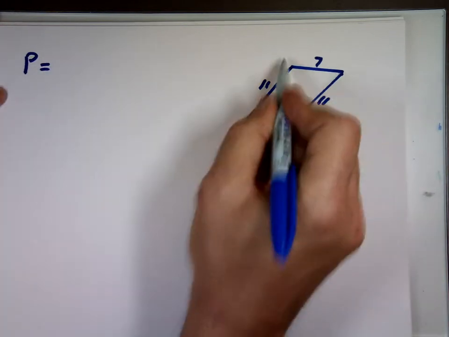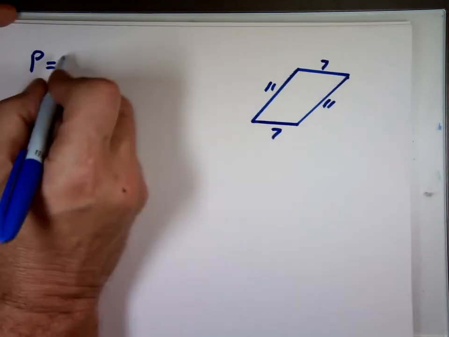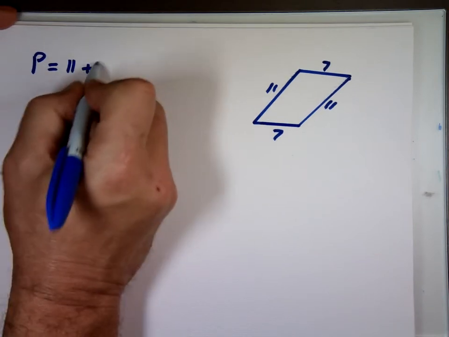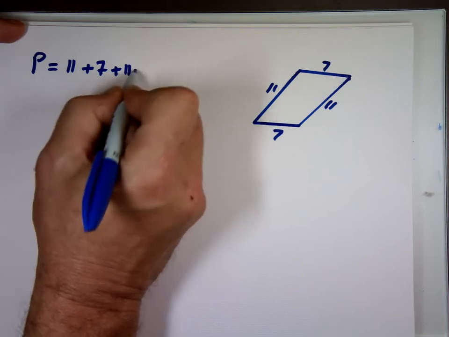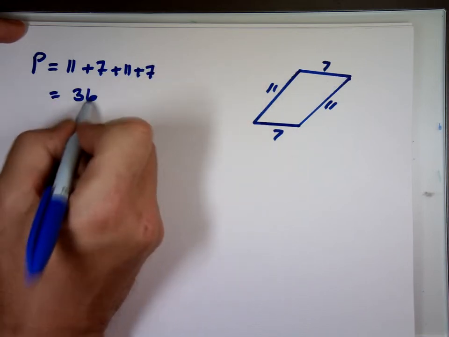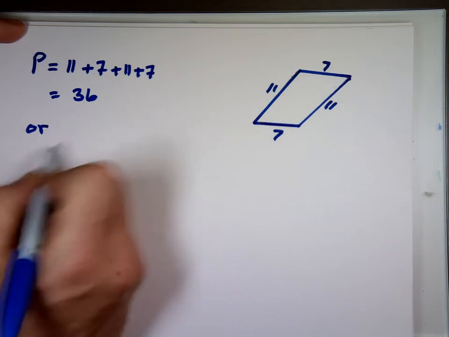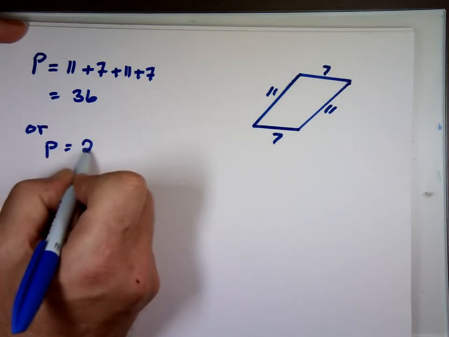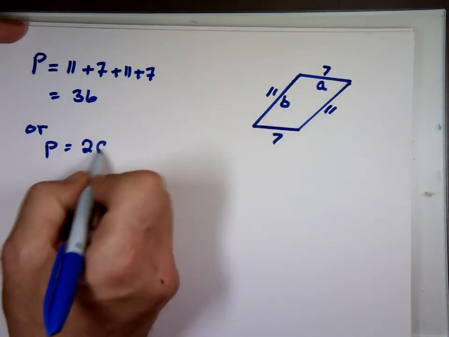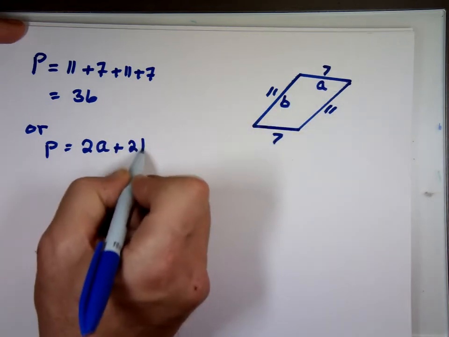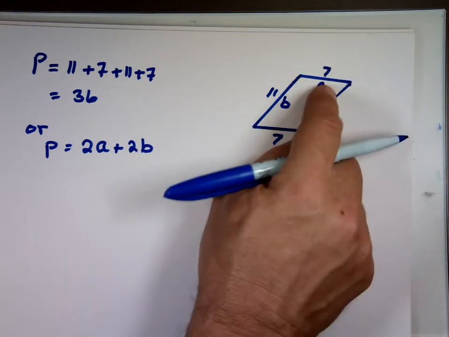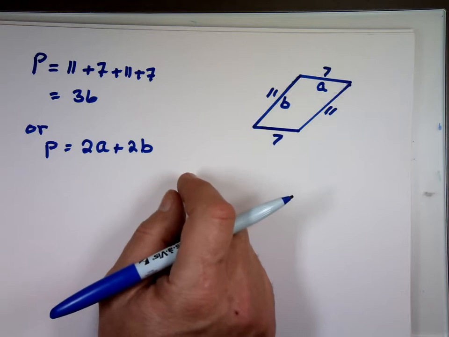Again, if you have to put a fence on the outside, what do you need? Isn't that 11 plus 7 plus 11 plus 7? Which is 36. Or the perimeter is twice this side, we'll call that A and this is B. Twice A plus twice B. Twice of this side plus twice of that side.